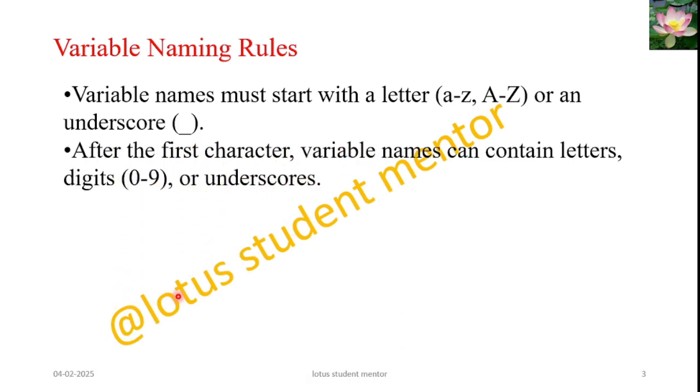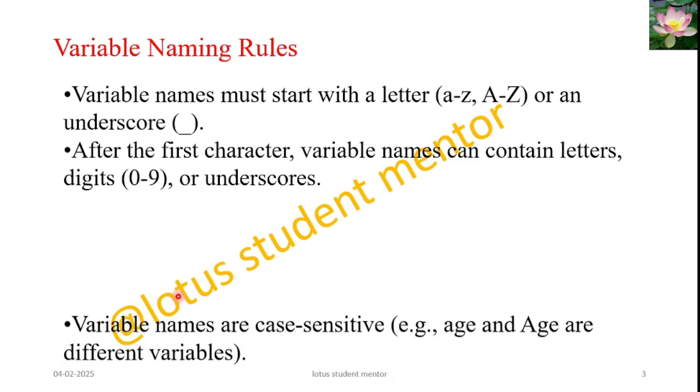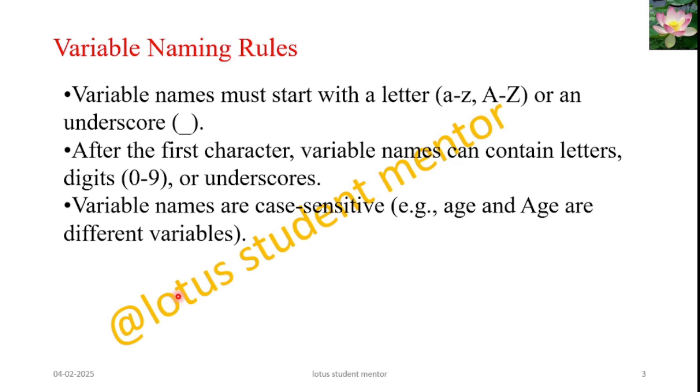It should not start with digits, but digits can come after an underscore or after any uppercase or lowercase letter. The third rule is that variable names are case sensitive. Suppose you use lowercase age and uppercase Age, both are different.